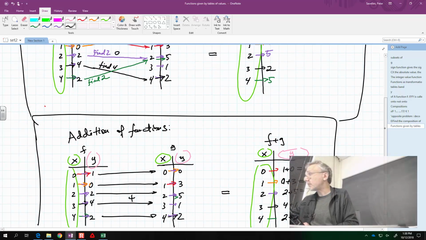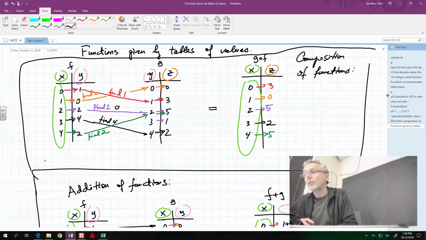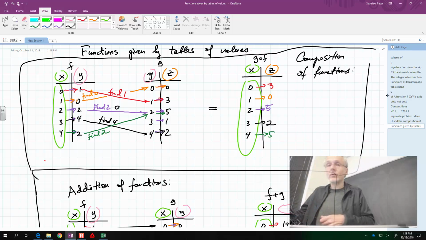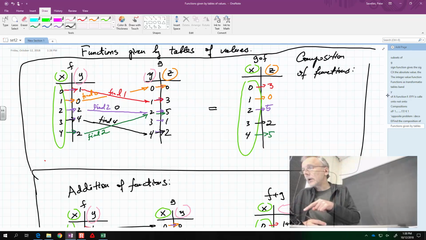The compositions, as you can see there, are more complex in that sense. You have to actually do a search. And if you try to do it with Excel, that actually does require exactly that. You have to do a search through the second column. What we did by hand because it's so small, you need to find that one in order to know where you end up. So the output of the first function, it points you in which way to go, roughly.